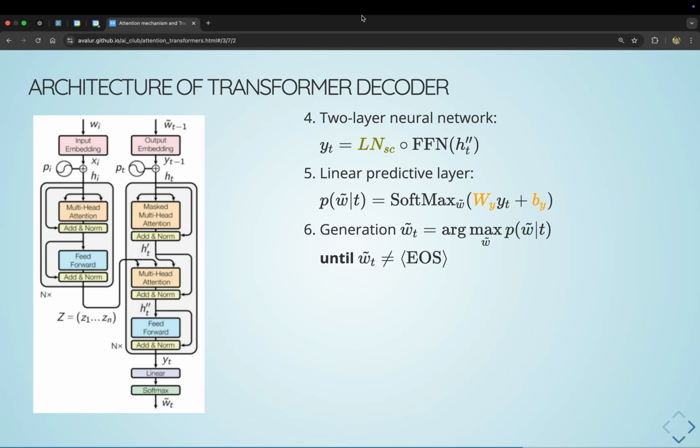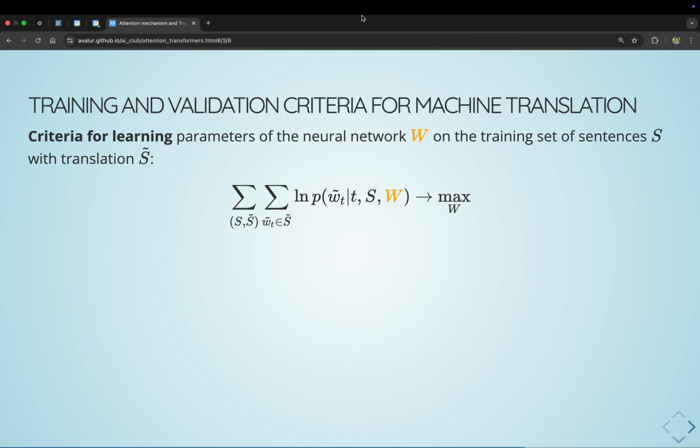Okay, great. Let's go on. Actually, we need to discuss the loss function, so the validation criteria, for example, for the machine translation task. During training, we use the same loss function as we've seen before in almost all the classification problems.